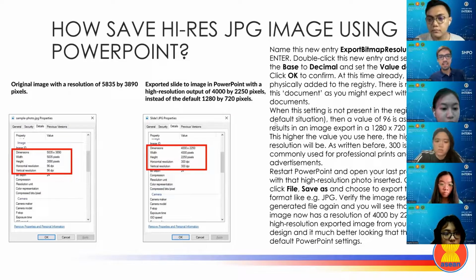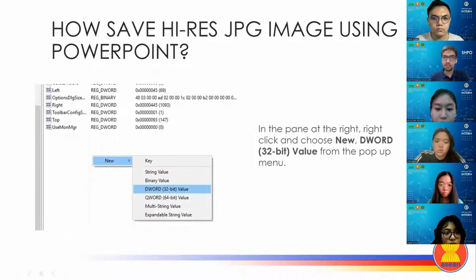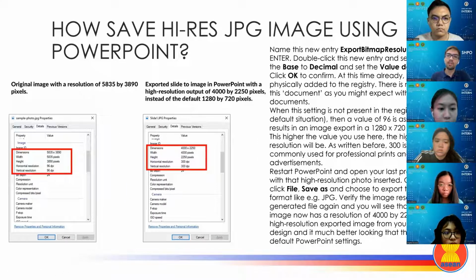And then name this new entry, export bitmap resolution, and hit enter. Double click this new entry and set the base to decimal and set the value to 300. So from 96 dpi should be 300. So we can get a higher resolution on saving JPEG.